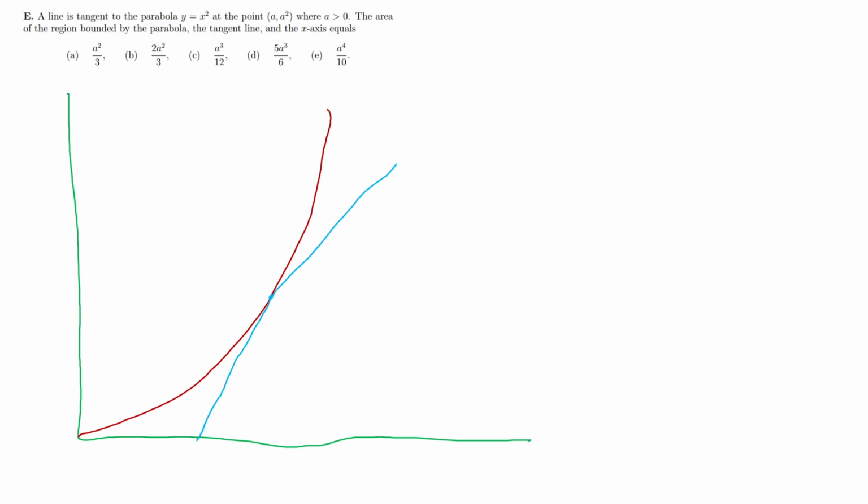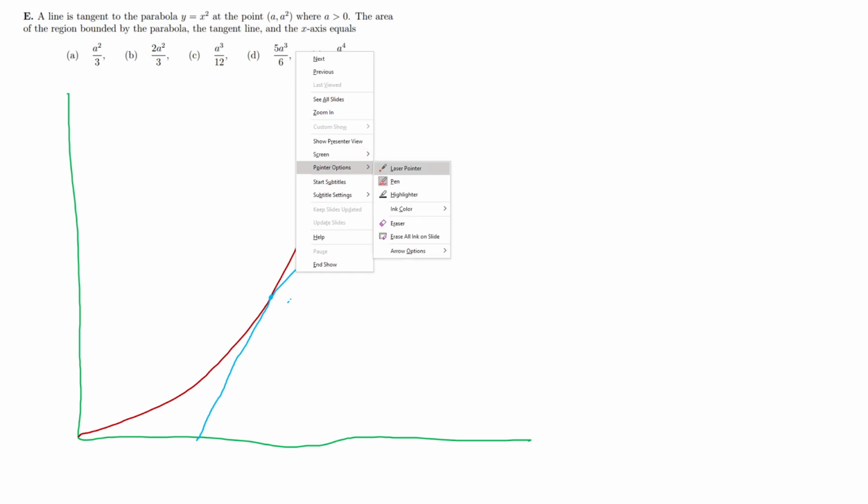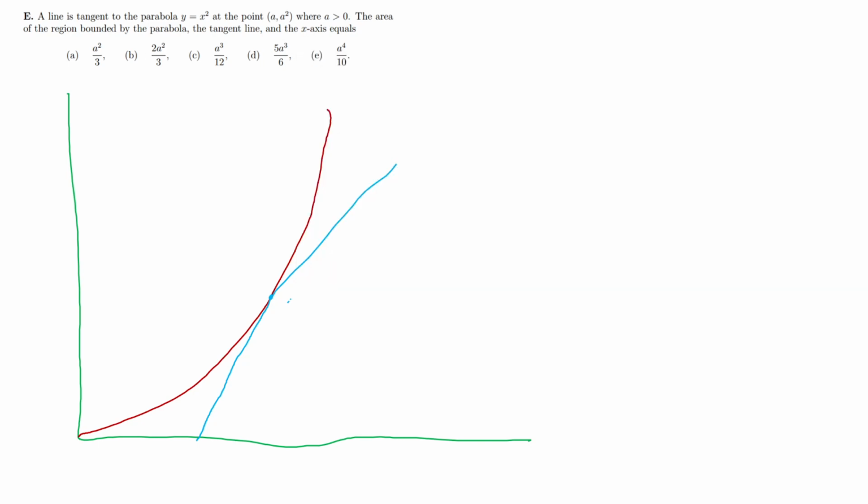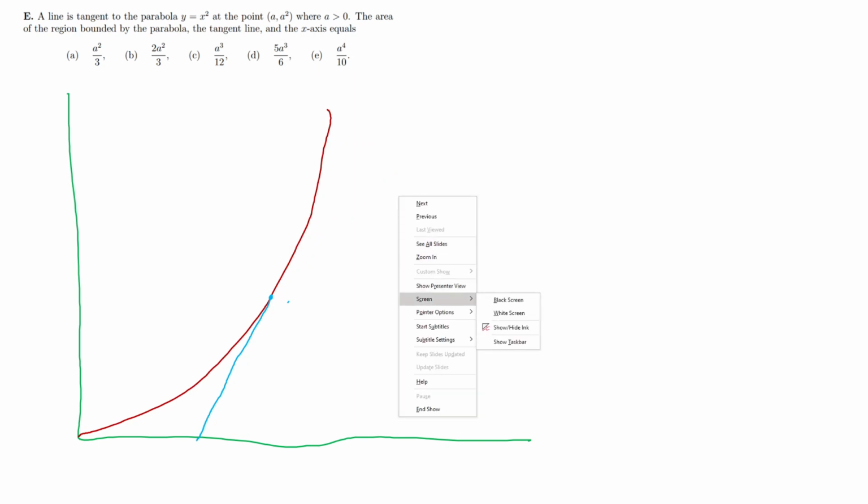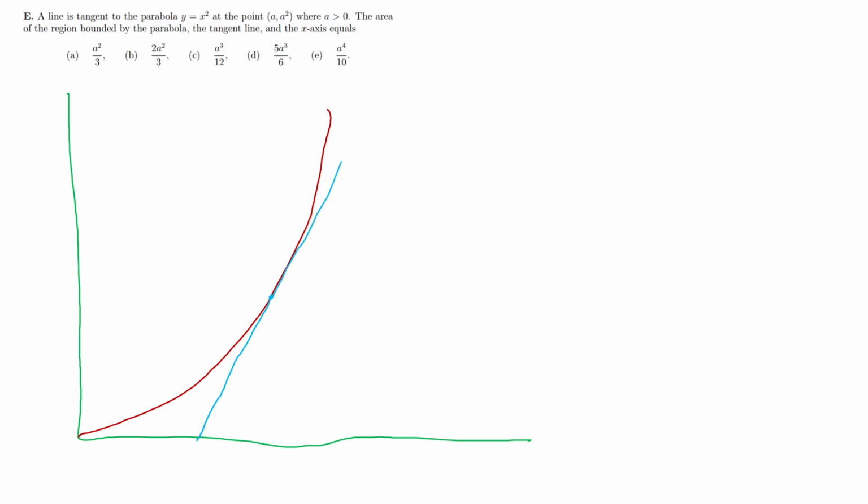In fact, I'm going to have another go at that line. I don't like that line. Let's get rid of that. We're going to go with something like that. That's better.